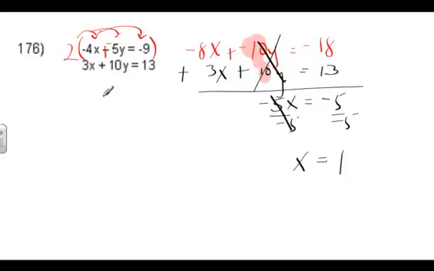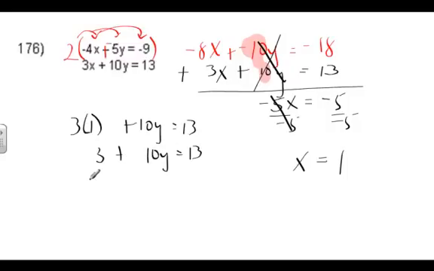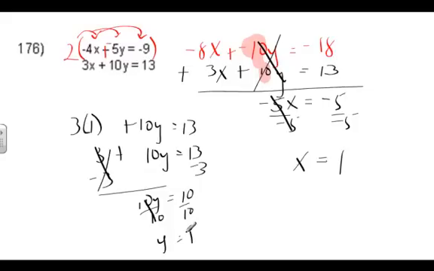Okay, substitute that in. So 3 times 1 plus 10y equals 13, 3 plus 10y equals 13. Okay, opposite of the number and opposite of the operation. So y equals 1 again. So 1, 1. Okay, and we're going to end there.